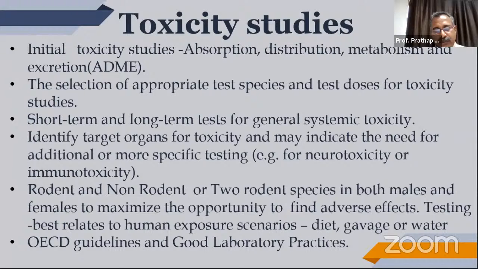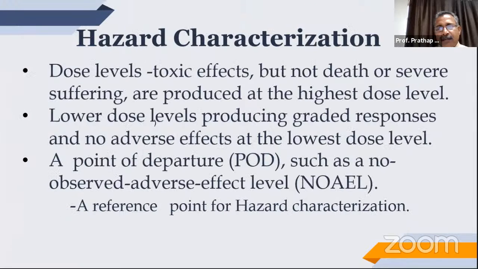Once you do that, you will be doing various studies, starting from exposure to toxicity. And once you do these, you will be moving to the step of hazard characterization, where you will be actually seeing the dose levels, that is toxic effects. That is the ability of the chemical to cause toxicity at a certain concentration, but not death or severe suffering.